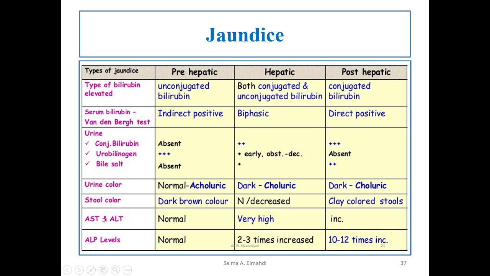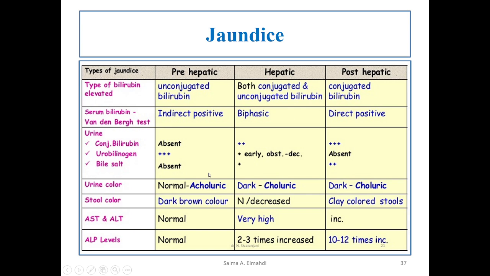What happens to the liver enzymes in jaundice? AST and ALT, the aminotransferases, will be normal in prehepatic because the liver is not involved. But in the hepatic, it is expected to have high levels of these enzymes because if there is, for example, hepatitis, it will destroy hepatocytes, leading to release of these enzymes.